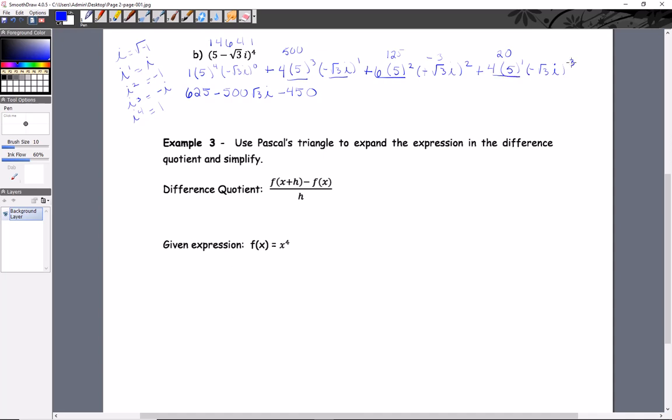Okay, and if we cube this right here, won't we get -3 root 3? And then if you cube I, that's just going to be -I. So it'll be times -I. So what do we get? Negative times negative is a positive. So that should be 60 root 3i.